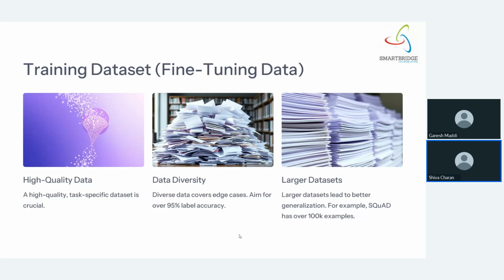Then larger data sets. A larger data set will lead to better generalization, for example a score which has 100K examples. So we need to make sure we are not training on smaller data sets.